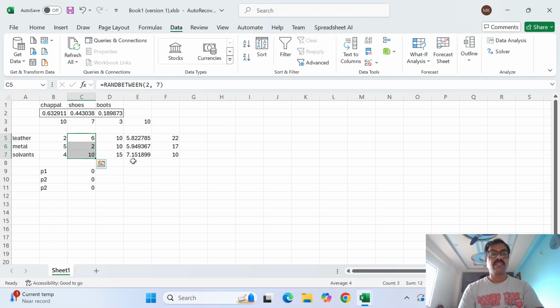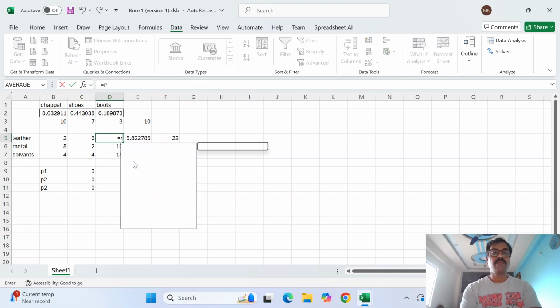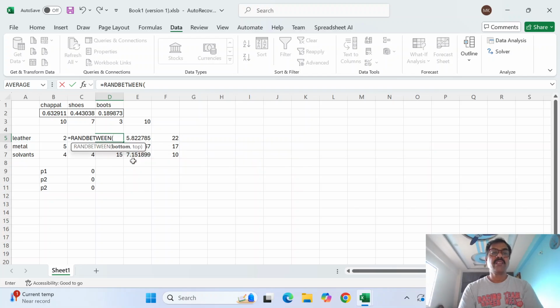Now here I use rand between again. So I want to increase, that is my strategy. I need more resources for boots, then shoes, then chappal, something like that. Now in the third cell I'm going to use 3, 10, something like that. So I'm increasing. Let's see.